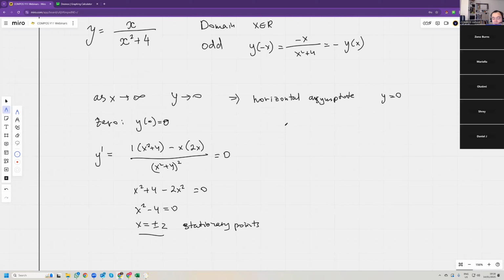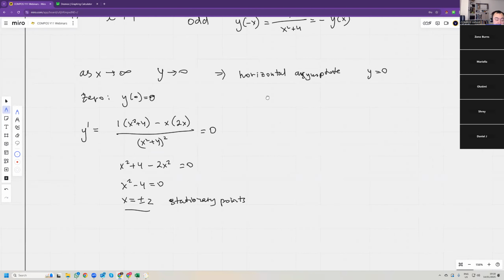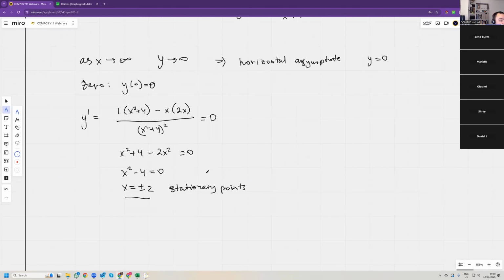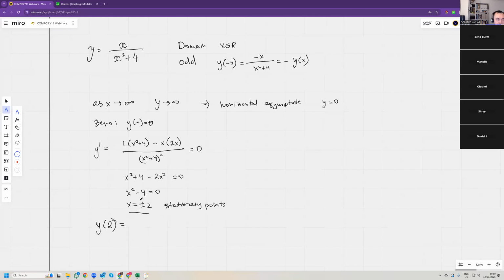The fact that there are two of them and they are symmetrical also hints to me that it is an odd graph. So we need to find y of 2 to find the value of the function at that point. 2 over 4 plus 4 equals 2 over 8, which is 1/4.